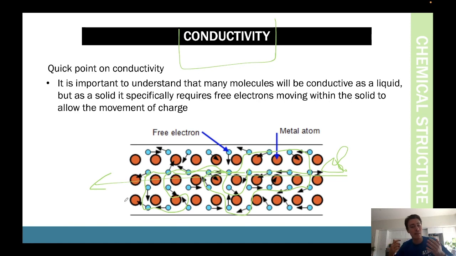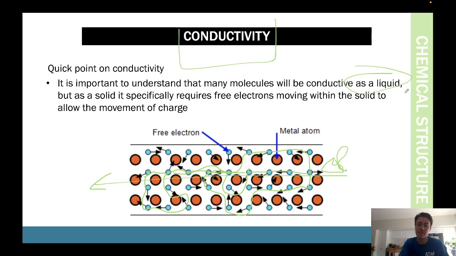Now, that's for metals. A lot of other substances don't have free moving molecules. If you're a covalent molecule, you're not going to have free moving electrons because those electrons are pulled into the shell and they're not allowed to move. So what about if they were a liquid? Well, a lot of substances, when you make them into a liquid, form ions. They remove electrons to get their outer shell filled, and they form ions.